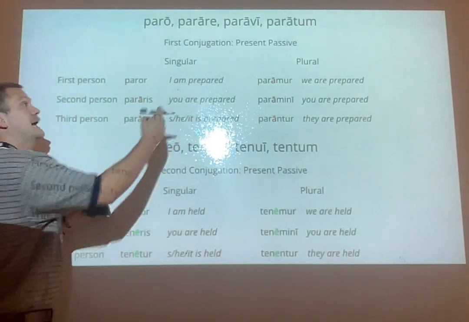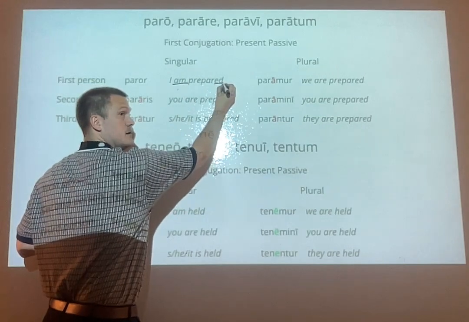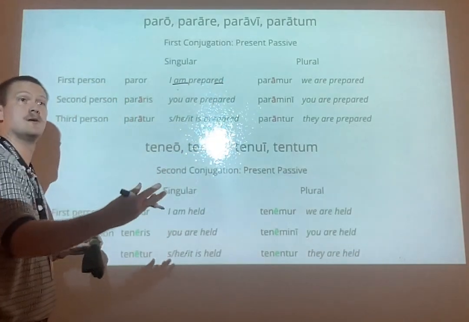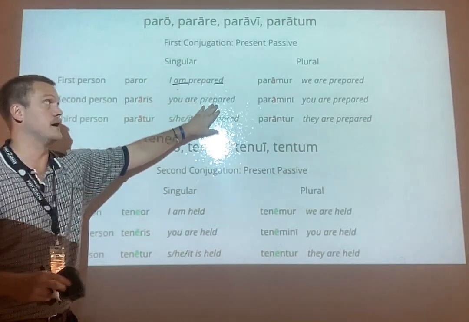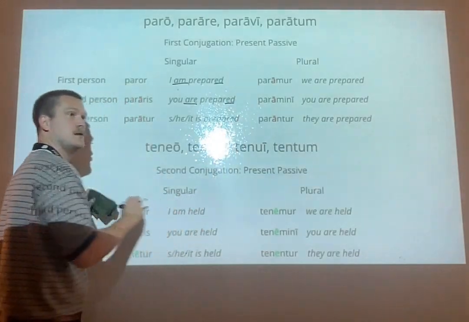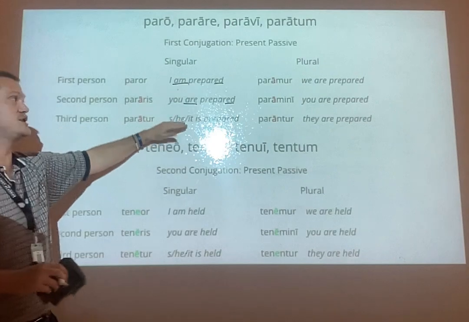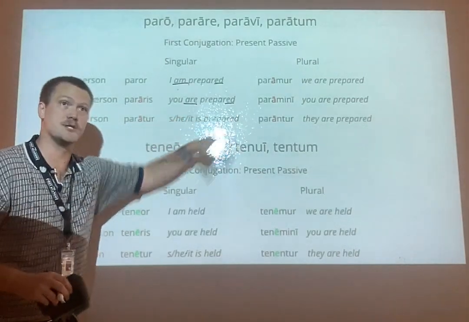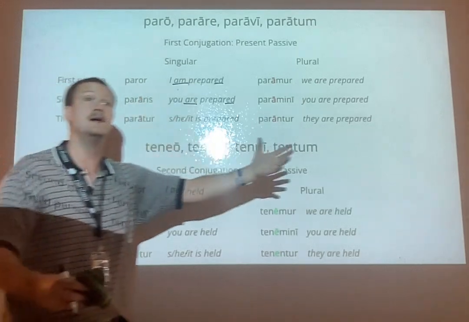You guys see? Helping verb, past tense version. That's how we do it in English. Pararis, you are prepared. Paratur, he, she, or it is prepared. Do y'all feel the nature of they're not doing anything anymore? It's happening to them.